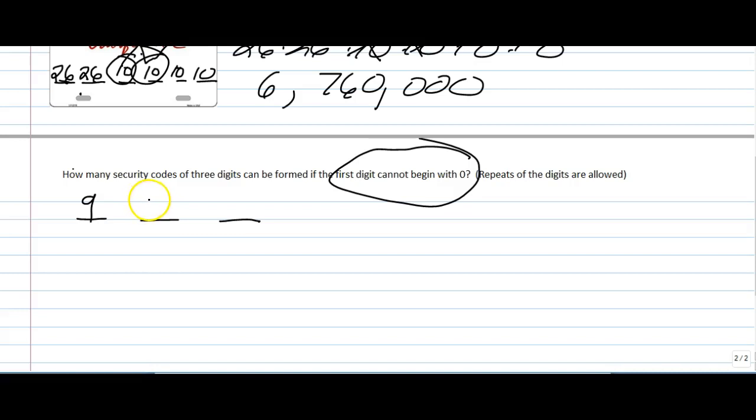We can use any of the 10 digits for the remaining 2 characters. So I have 10 choices for the second character and 10 choices for the third character. So how many 3-digit codes can be formed using the stipulation that the first character cannot be a 0? 9 times 10 times 10, which is 900.